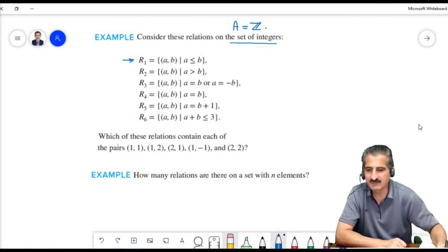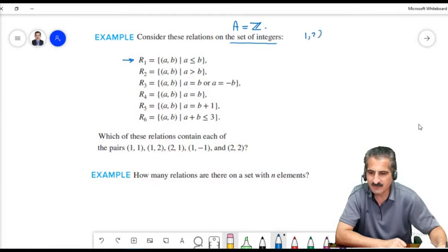For example, (1,2) belongs to R1. (1,7) belongs to R1. (1,0) does not belong to R1 because 1 is not less than or equal to 0.